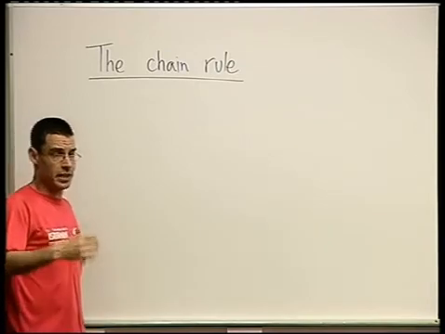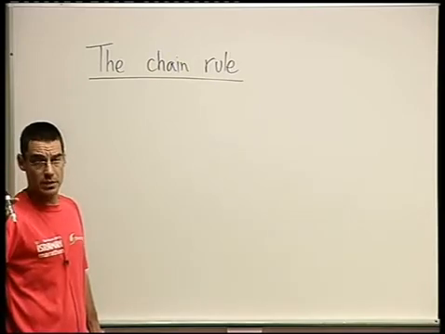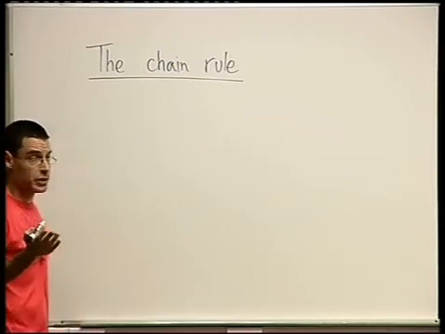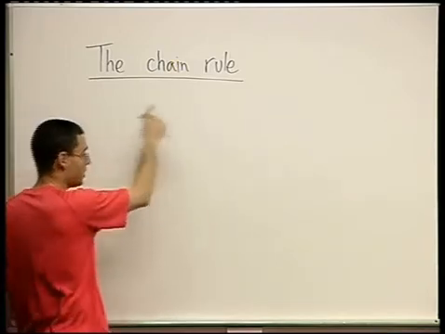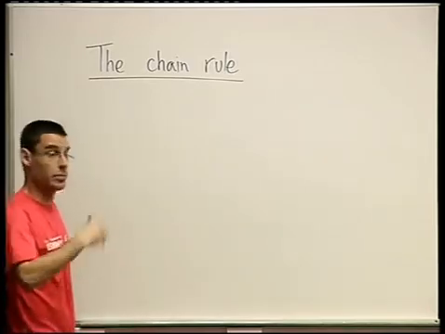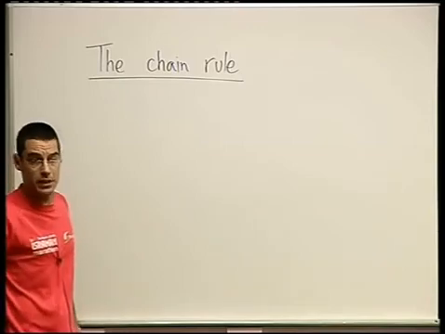The chain rule tells us how to take derivatives of compositions of functions, right? When our functions were single variable functions, so f was a function from R to R, and g was a function from R to R, their composition was a function from R to R, and the chain rule was not very complicated.